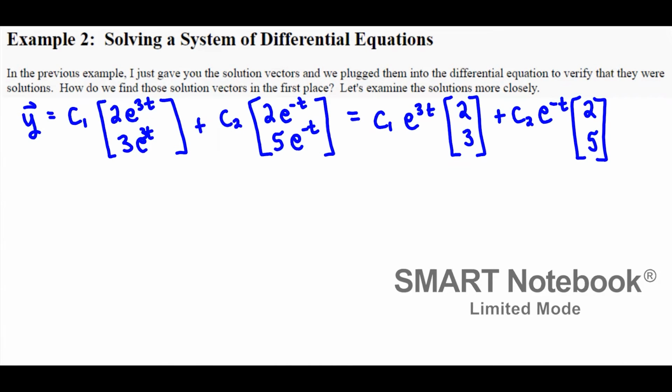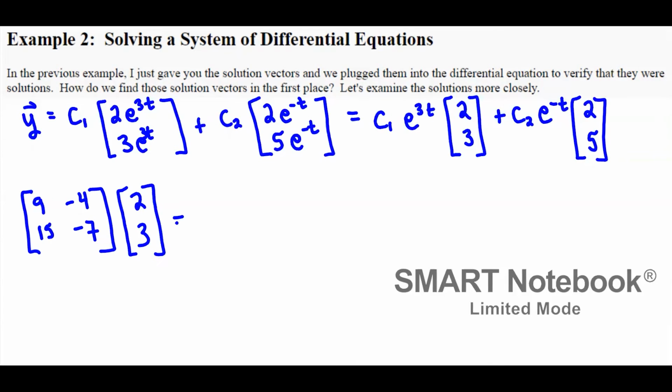Let's take a look at this matrix: 9, 15, negative 4, negative 7. I'm just going to multiply this times just the vector 2, 3. Is there anything special about this matrix and this vector? So if I multiply the matrix times this vector, 9 times 2 is 18.